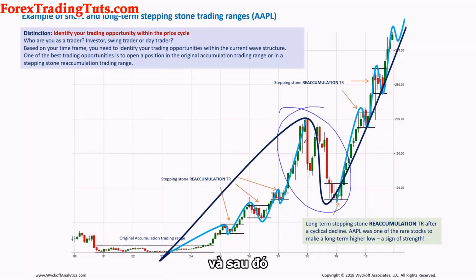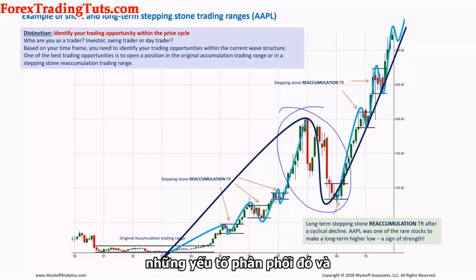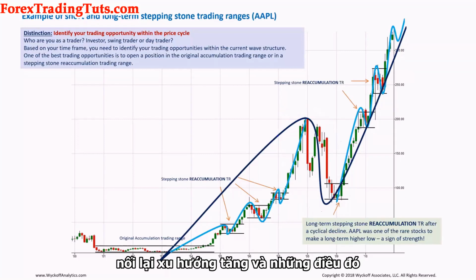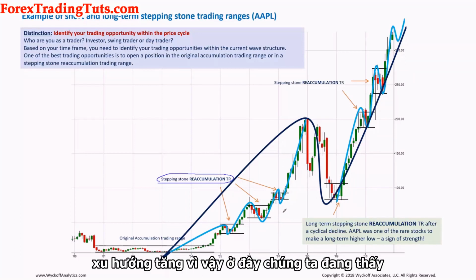And then absorption of that supply, absorption of those distribution elements, and the resumption of the uptrend. And those, what we are going to call stepping stone reaccumulation trading ranges, could occur on different time frames and at different points of the uptrend.